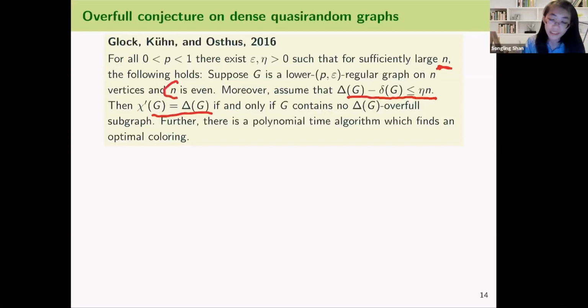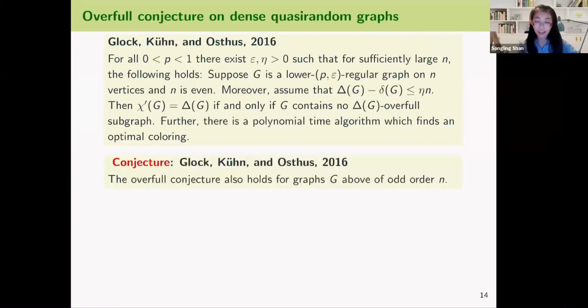But it requires n to be even. In other words, the overfull conjecture is true for such a class of graphs. And they also show that you can find a polynomial time algorithm to find an optimal coloring. And they conjectured that the same result should hold for such quasi-random graphs with odd order n.